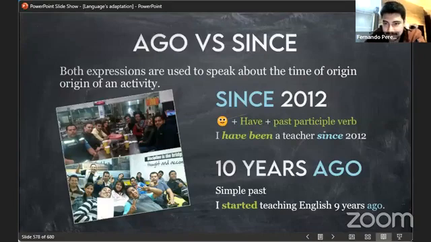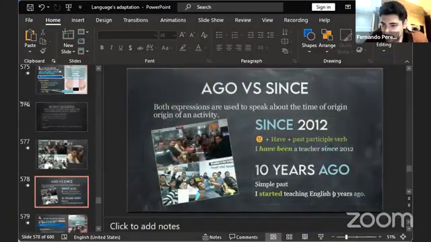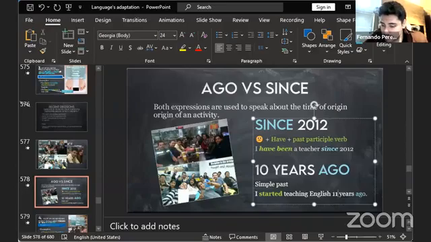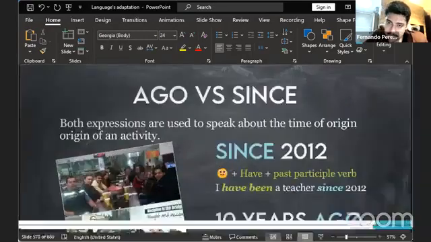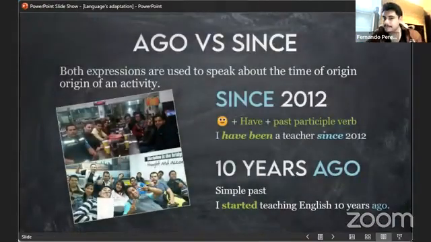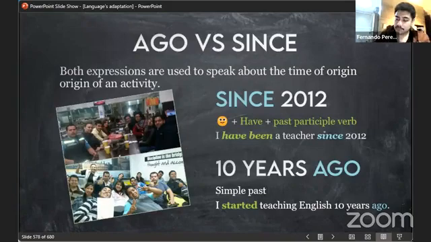Look at the examples. Example number 1: I have been a teacher since 2012. Example number 2: I started teaching English 10 years ago. What difference do you see? Do you see any difference?